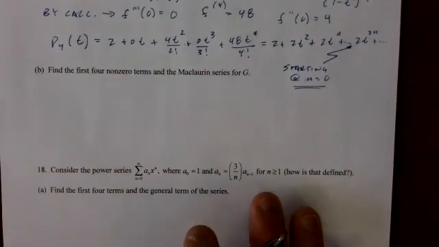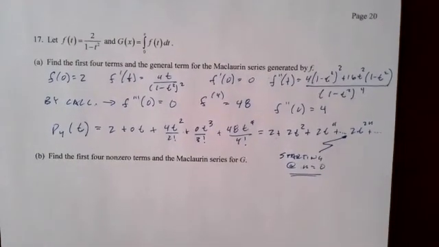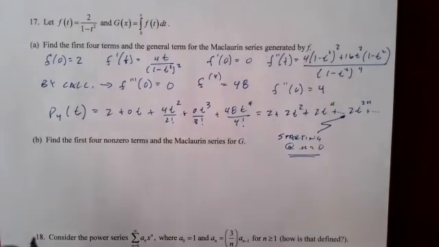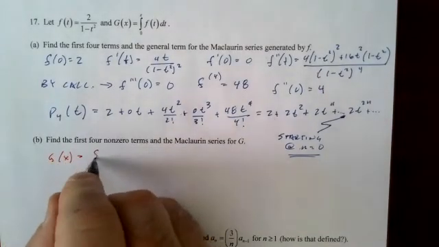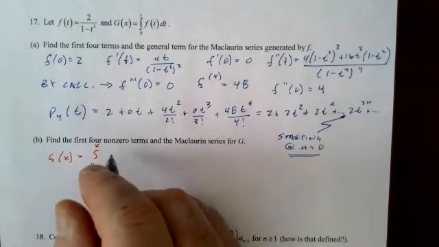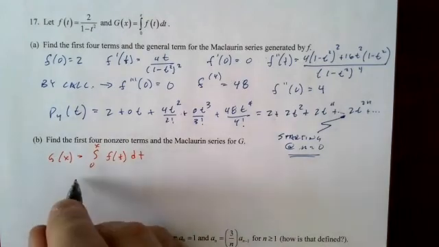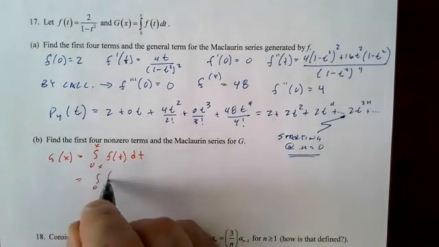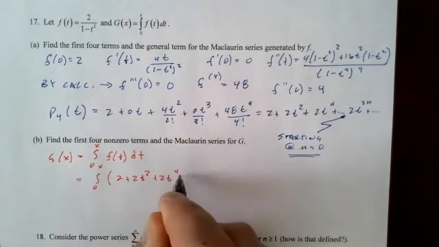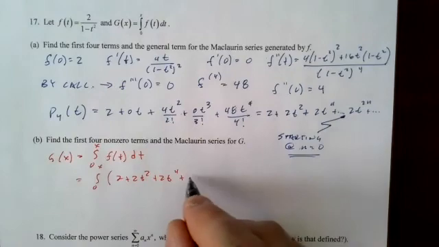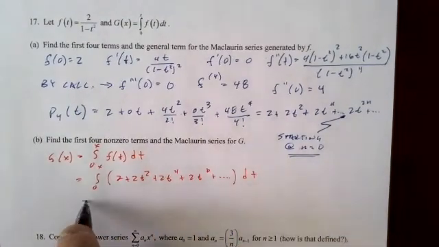Find the first 4 non-zero terms of the Maclaurin series for G. G is the integral. This is the kind of stuff you'll see on an AP exam. So G of x equals the integral from 0 to x of f of t dt, which is the integral from 0 to x of 2 plus 2t squared plus 2t to the fourth plus 2t to the sixth plus dot dot dot dt.